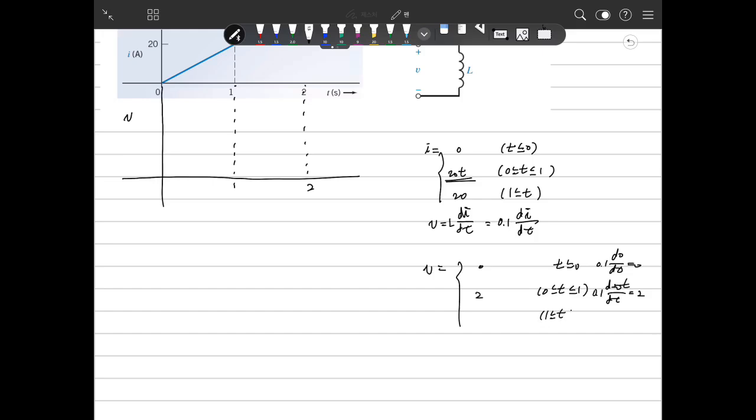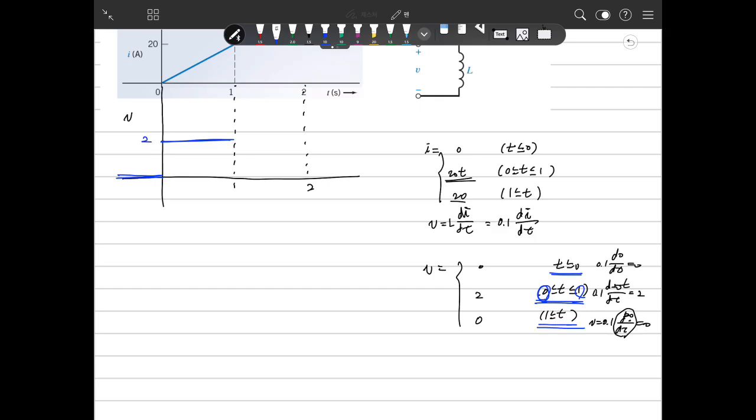And from 1 second, then v is 0.1 d/dt of 20. This is constant, so that will be 0. So we can draw the voltage values here: when t is smaller than 0, it will be 0. For this area from 0 to 1, that value is a constant value 2.